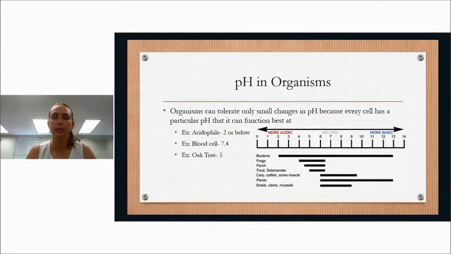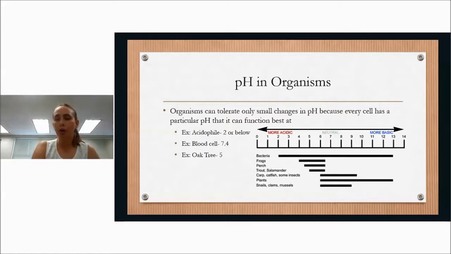pH in organisms. We talked about in class how organisms can only tolerate very small changes in pH because every cell has a particular pH that it can function best at. This list here shows you some of the ranges. You can see that frogs, perch, trout and salamander, different carp, different plants, snails, all have a fairly broad pH actually.